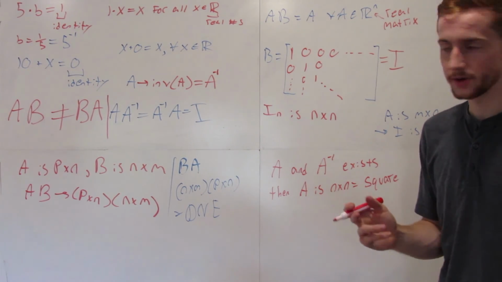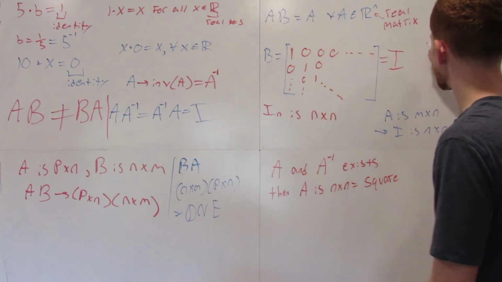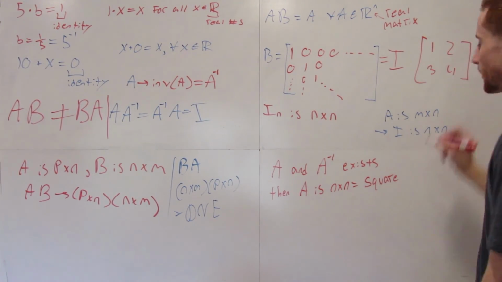Square should be pretty intuitive: if you have as many rows as columns, it's going to look like a square. So 1, 2, 3, 4. That looks like a square.